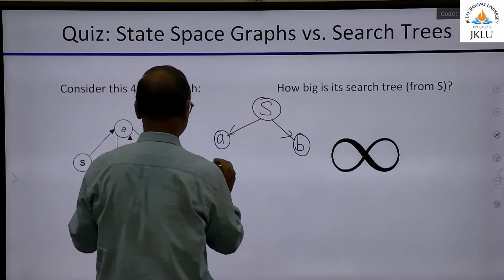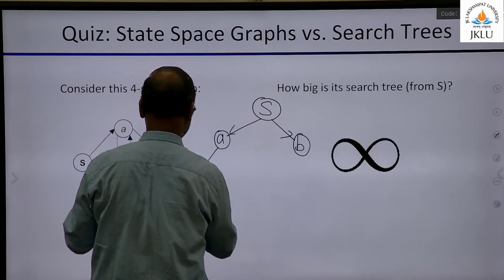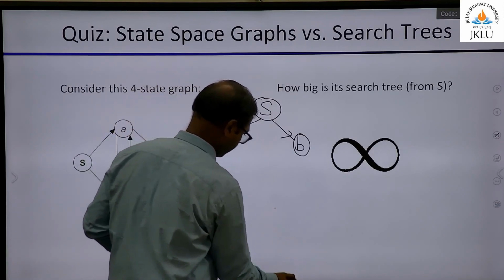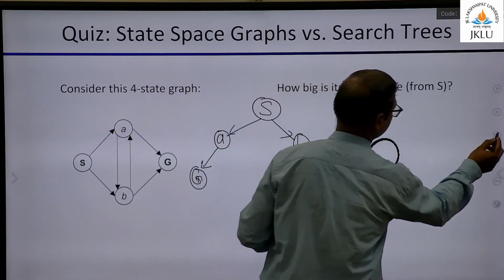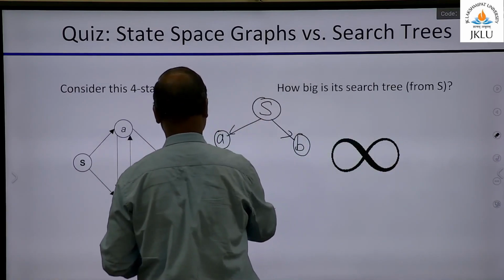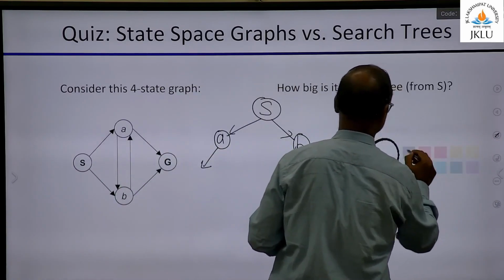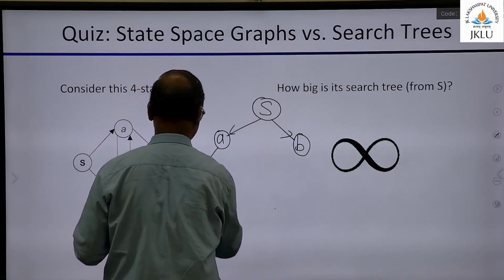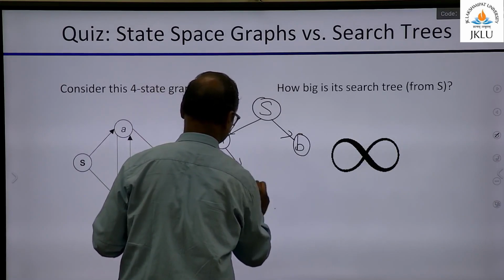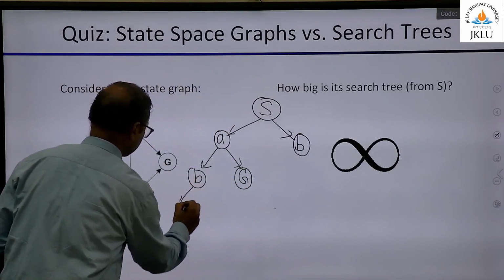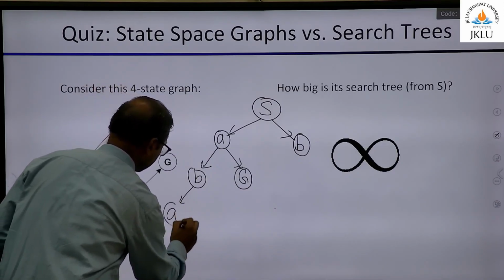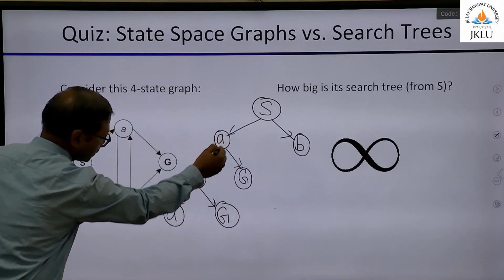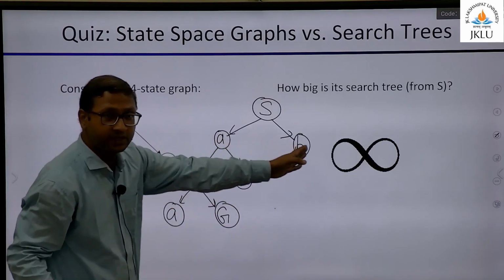Now from A I can go to G and B. From B I can go to A and G. From A I can go to, so this subtree will repeat, and same thing on this side.